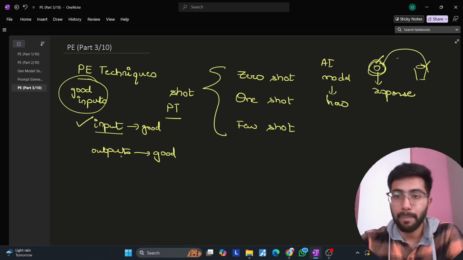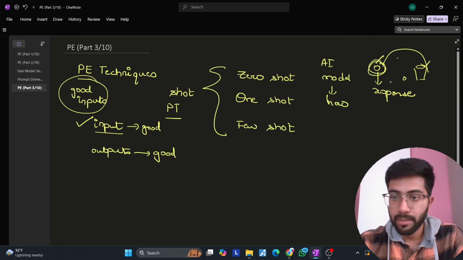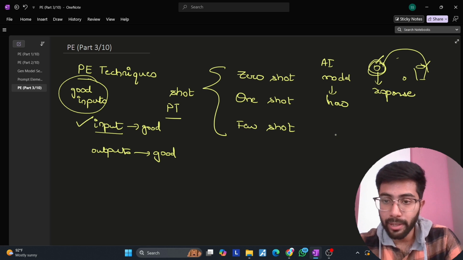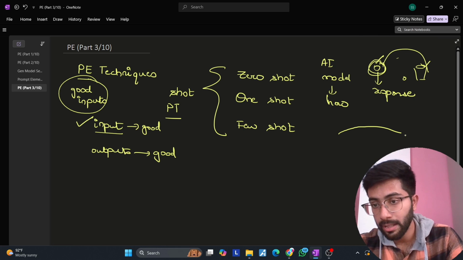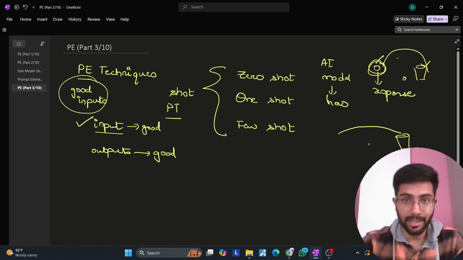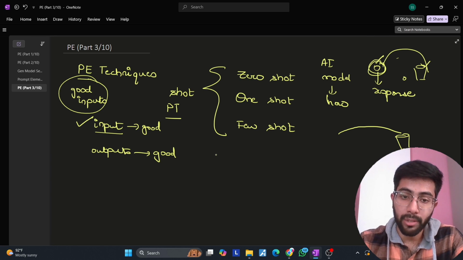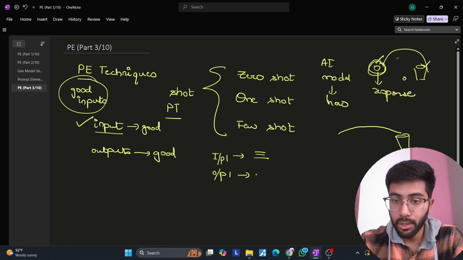But let's say that didn't happen. In the first attempt, the AI model threw a stone, but it fell somewhere here. What can be done? You could hold the hero's hand and show him the exact projectile motion in which the stone has to travel for it to fall in the paper cup or the plastic glass. Similarly, in the AI analogy, you can tell the AI model that if input 1 is the input, then output 1 has to be something like this.